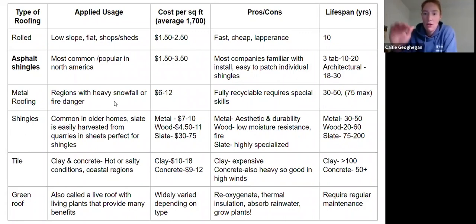The metal roof is great for having that snow run right off. If you don't want to deal with maintenance, that would be a good option. Otherwise, asphalt shingles are perfectly good for just about everything we're dealing with in the US. So, like I said, this is a good slide for you all to reference, but I'm not going to go into any more detail on this one.